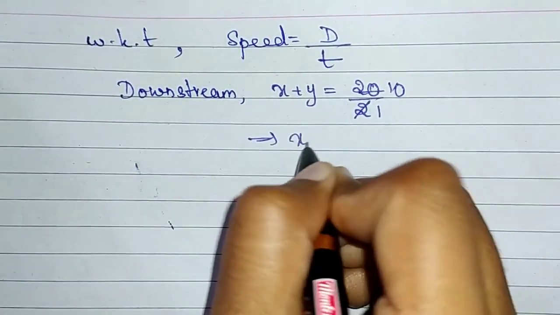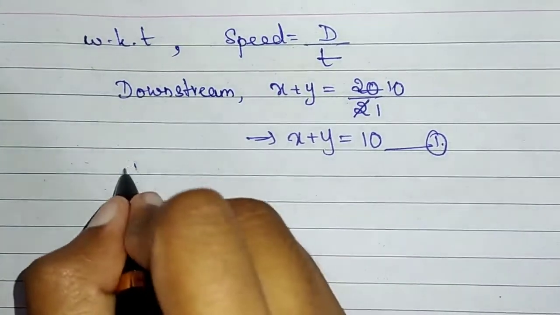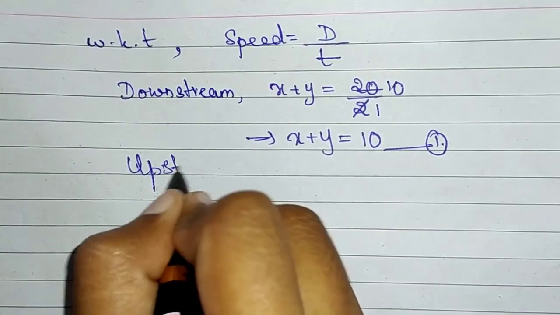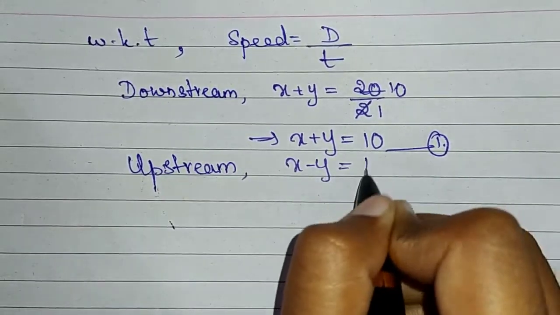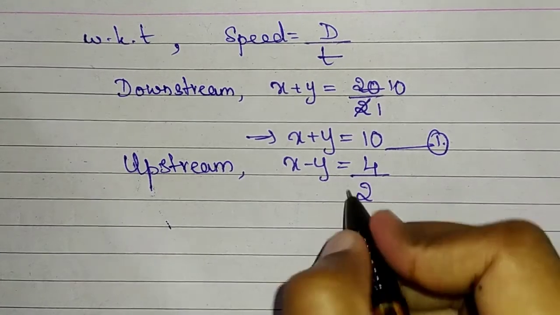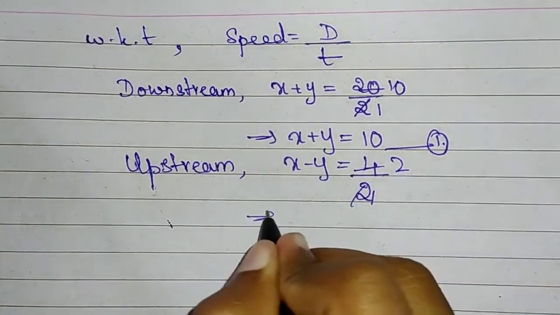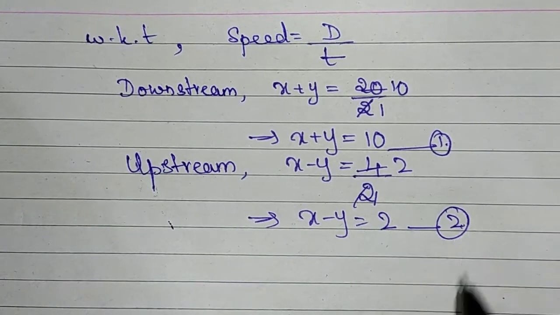This implies x plus y is equal to 10. This is our first equation. And upstream, x minus y is equal to distance 4 by 2. 2 twos are 2. This implies x minus y is equal to 2. This is the second equation.